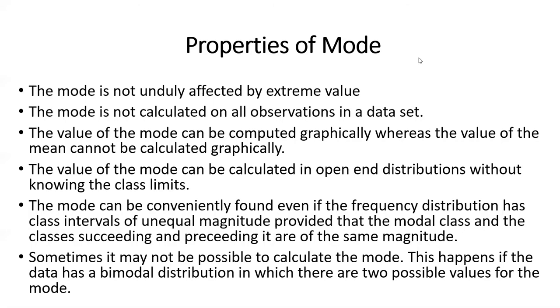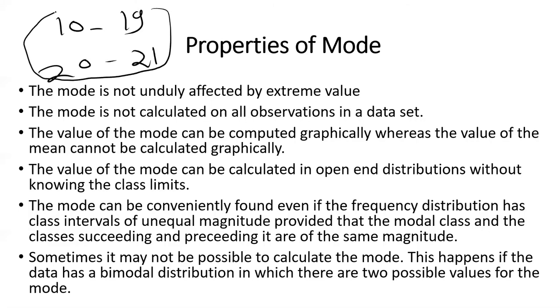Means what it is trying to say, suppose there are classes like 10 to 12, 10 to 19, 20 to 21. In this case also you don't need to arrange them in close-ended frequencies. Using open interval data, you can determine the mode.